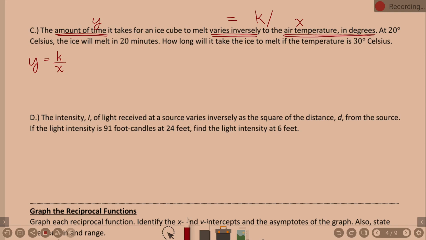Now, normally it's y and x. Can you keep it y and x if you want? You can. Could you change it to your own variables if that will make life better for you? You can. What would you want to use for time instead of y maybe? T. So you could say t. It's still going to be k divided, because we don't change k.